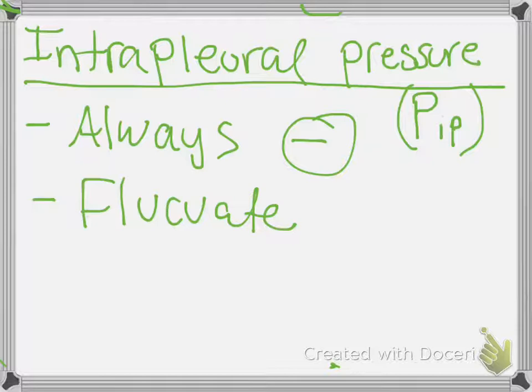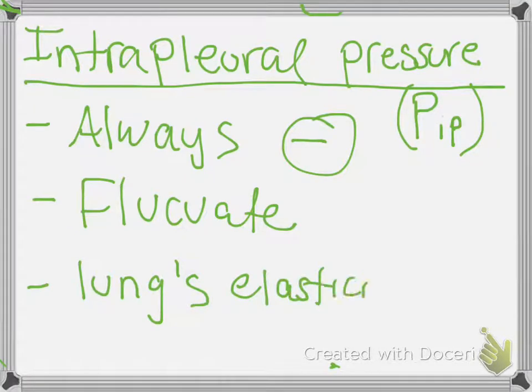And the negative intrapleural pressure is established by two things: by the lungs' natural elasticity, and then also the surface tension of the alveolar fluid.